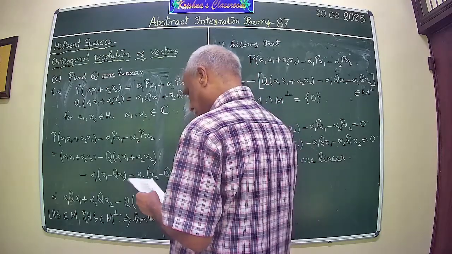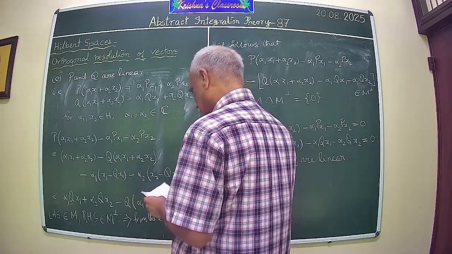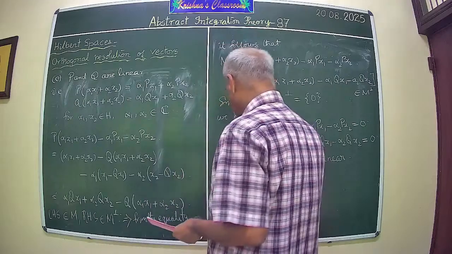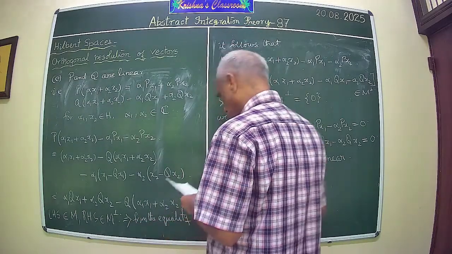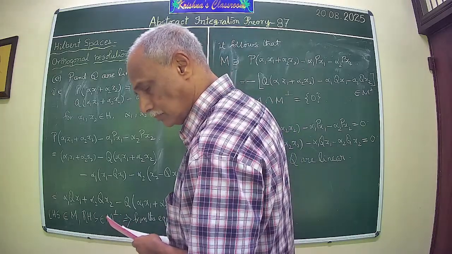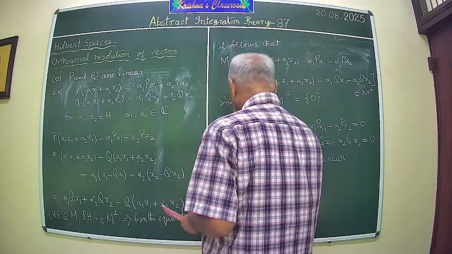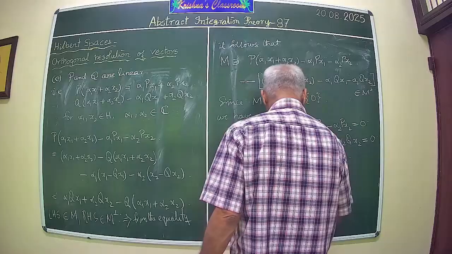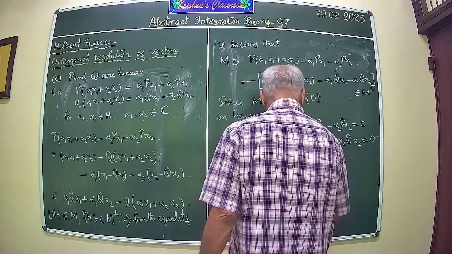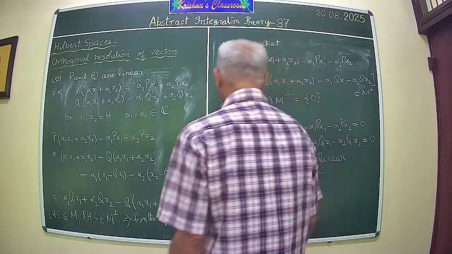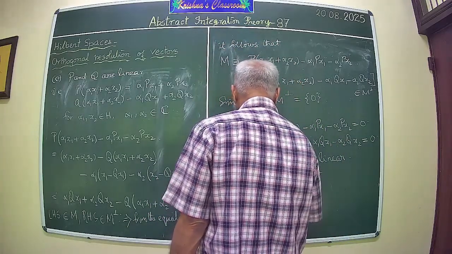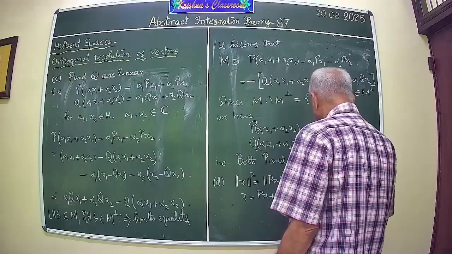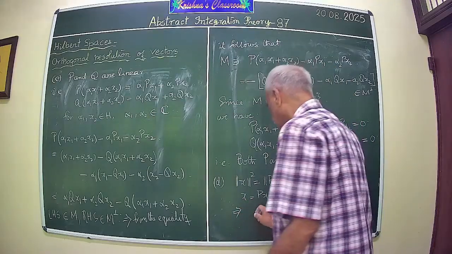Now we prove the last part, and that's very simple. The last statement is that, so x is equal to, by Pythagoras theorem.